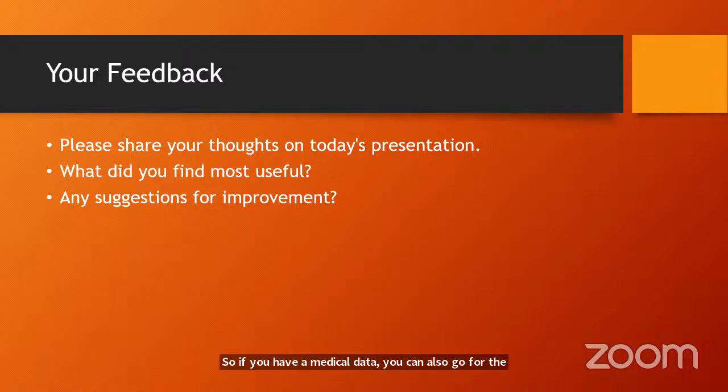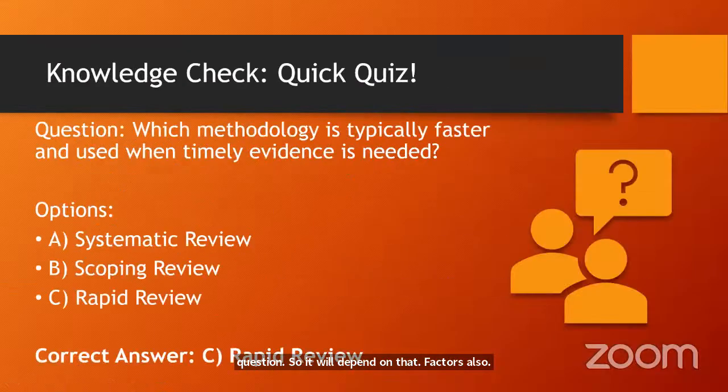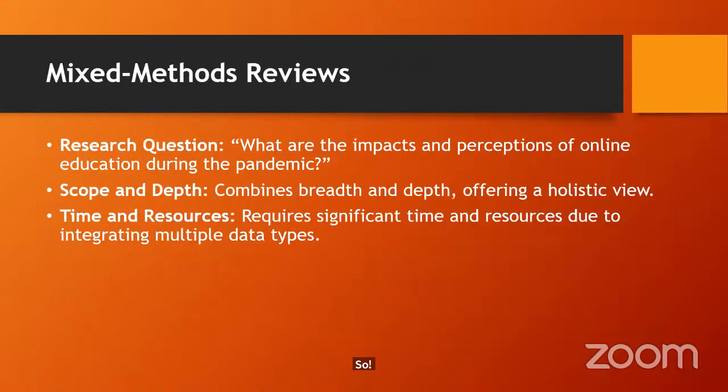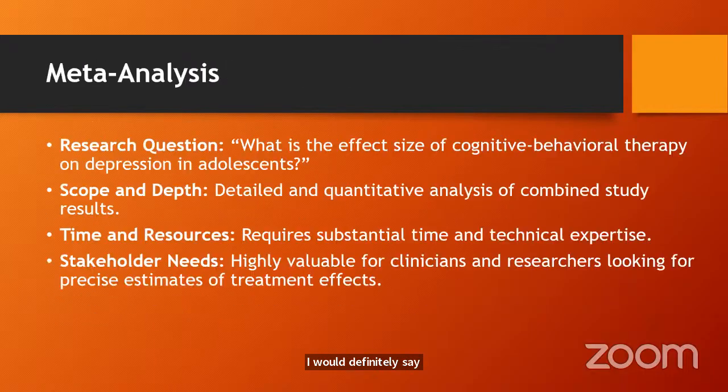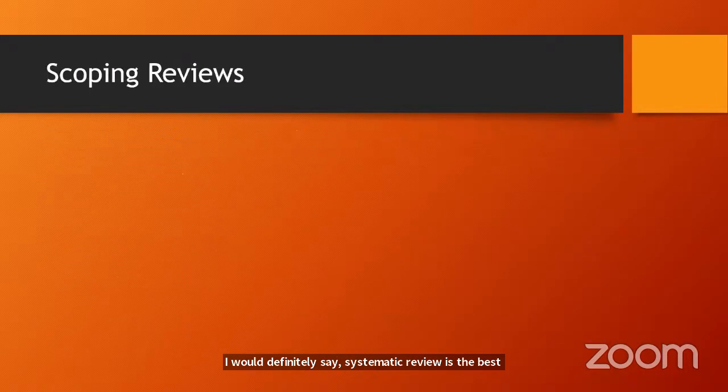It all depends upon your time, resources, and research question. So it will depend on those factors also. So I will definitely say systematic review is the best choice for your research question.